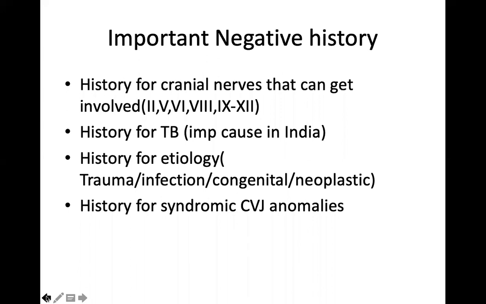So that should be asked. Trauma, history of any infection, cough, fever, hemoptysis. Congenital, if it's present since birth, or developmental, is there a neoplastic picture like anorexia, loss of weight, in addition to whatever you're asking? This has to be asked for history of etiology. That can give you a clue to the etiology of your problem.